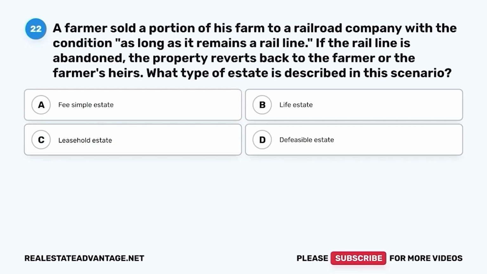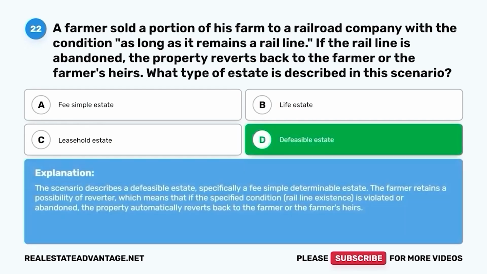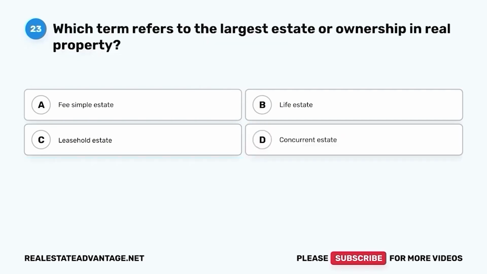D. Defeasible estate. The correct answer is D. Defeasible estate. The scenario describes a defeasible estate, specifically a fee simple determinable estate. The farmer retains a possibility of reverter, which means that if the specified condition, rail line existence, is violated or abandoned, the property automatically reverts back to the farmer or the farmer's heirs.